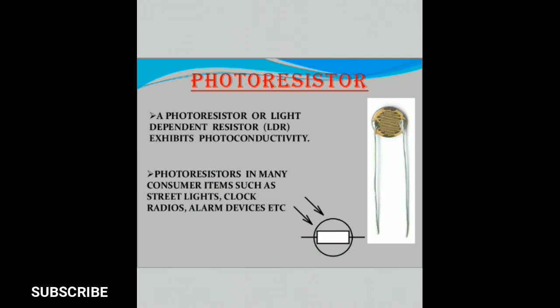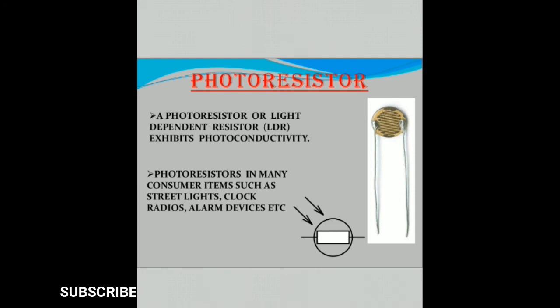Here the LDR is used to automatically switch the light on and off. When light falls on this photoresistor, the resistance of this sensor automatically increases, so that the current cannot conduct through it, and the light will be turned off.